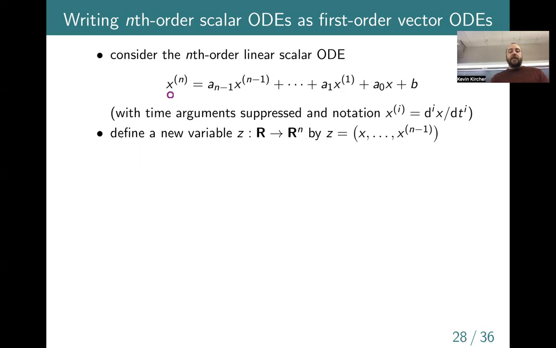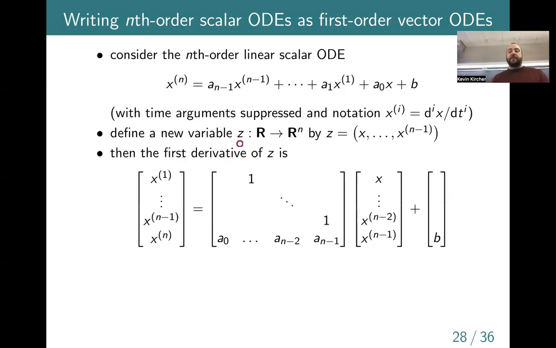Then we want to write down a vector differential equation for z. On the left-hand side, we write dz by dt. What that does is it takes the order of the derivative in each of the entries of z and increases it by 1, because, for example, x to the n minus 1 is the n minus 1 derivative, and you take another derivative of that, you get the nth derivative.